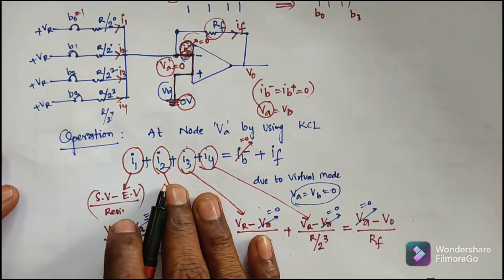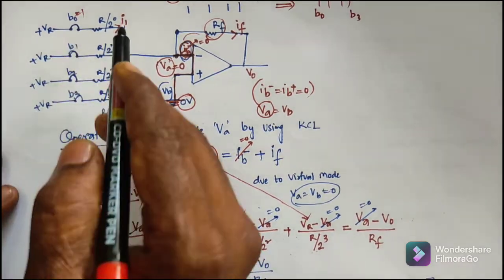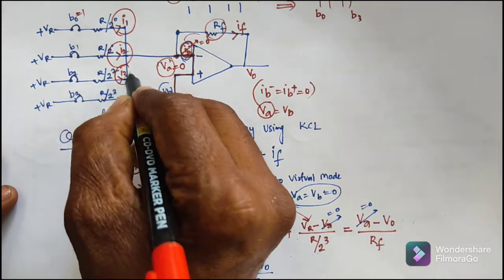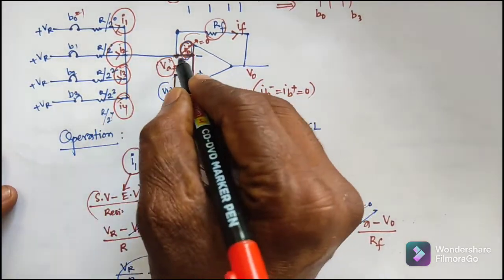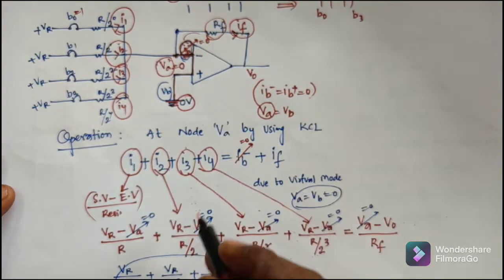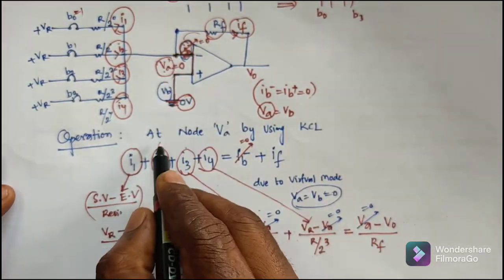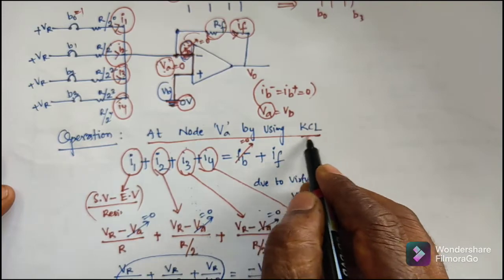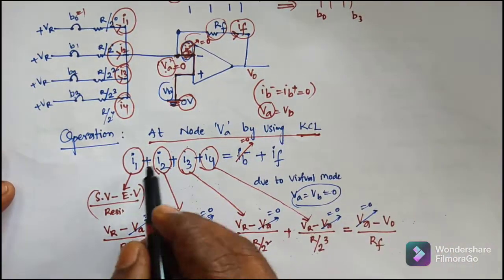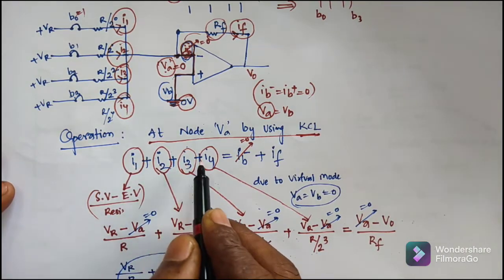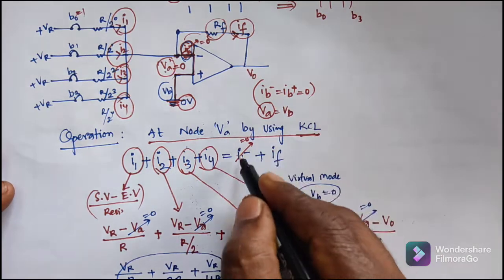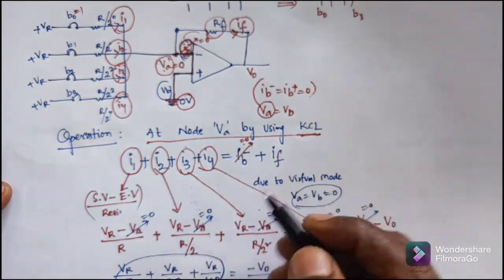So here you have different currents: I1, I2, I3, I4 are incoming, and IF and IB minus are outgoing. At node VA, if you apply KCL, the algebraic sum of all incoming currents at the node is equal to the outgoing current. So I1 plus I2 plus I3 plus I4, all incoming currents, is equal to IB minus, which is 0, plus the outgoing current IF.